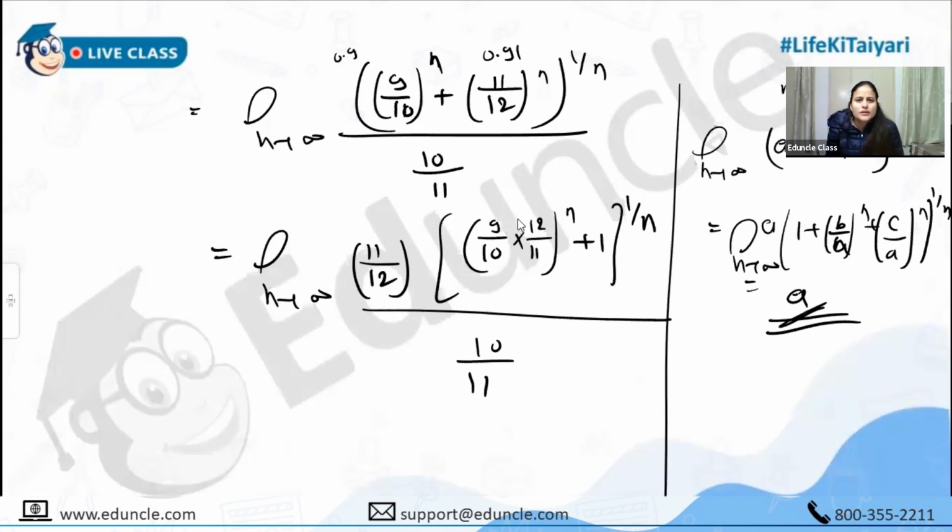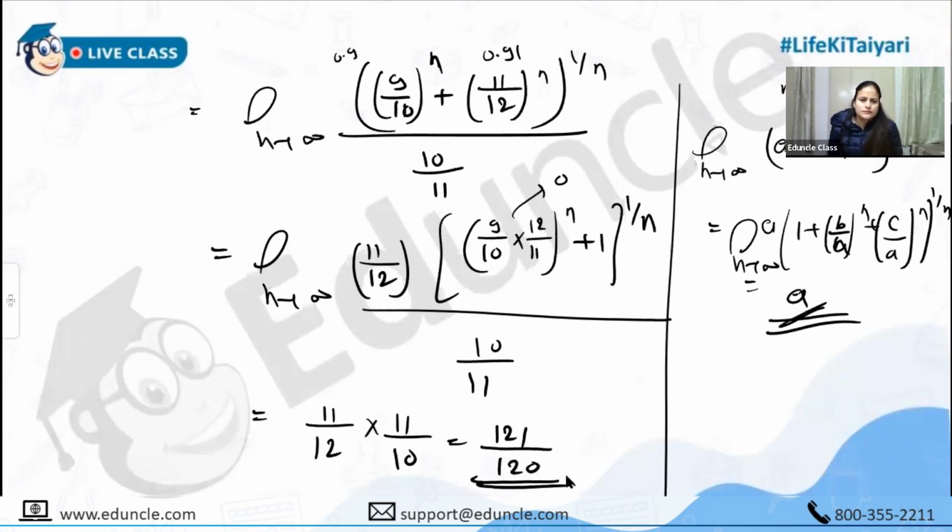So as n tends to infinity, this tends to 0, so 1 to the power 0 will give you 1. So I'm just having 11 divided by 12 and then 11 divided by 10. That is 121 upon the answer should be this.